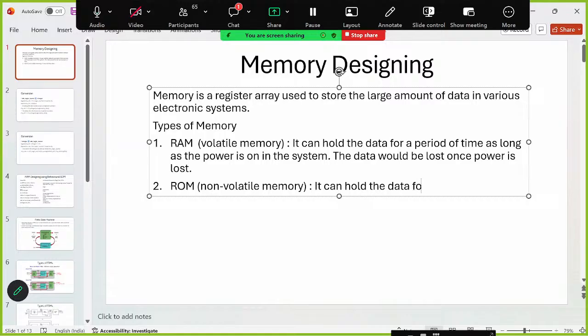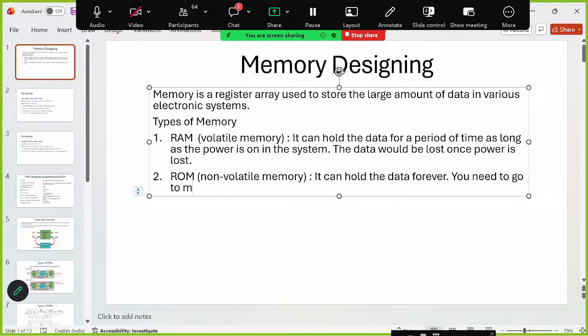It can hold the data forever. If you want to change the data, you need to go to the manufacturer and ask him to rewrite it.